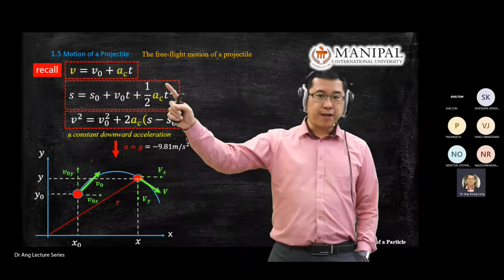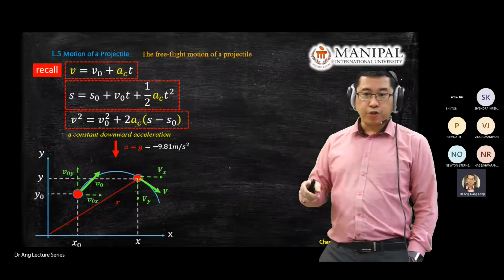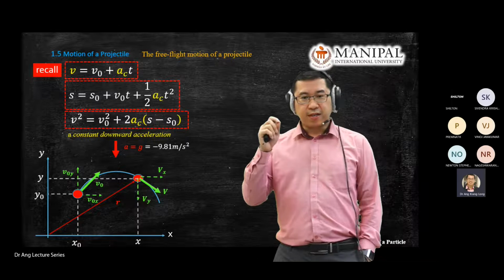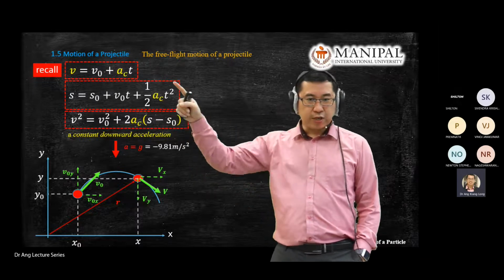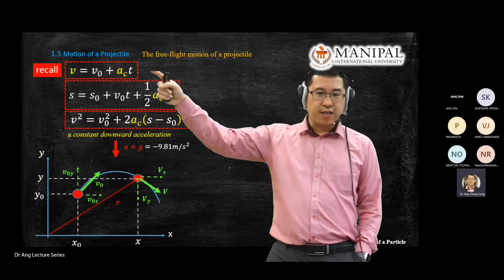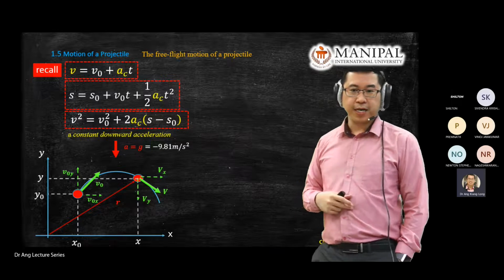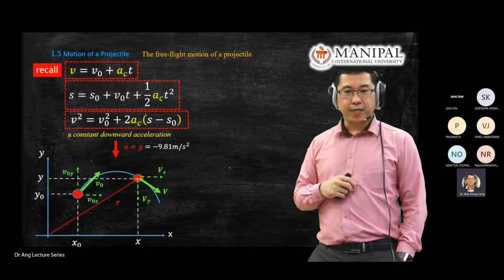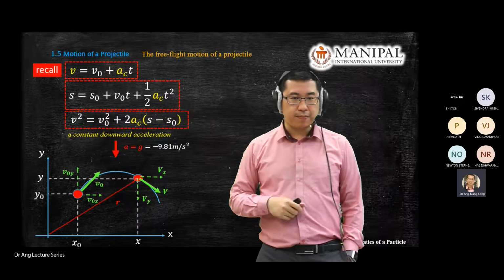Three of them are famous as equations to analyze motion. You write these three somewhere in your personal notes. These three will be very important equations for this module, because we study dynamics, something that moves. So you cannot run away from these three equations.